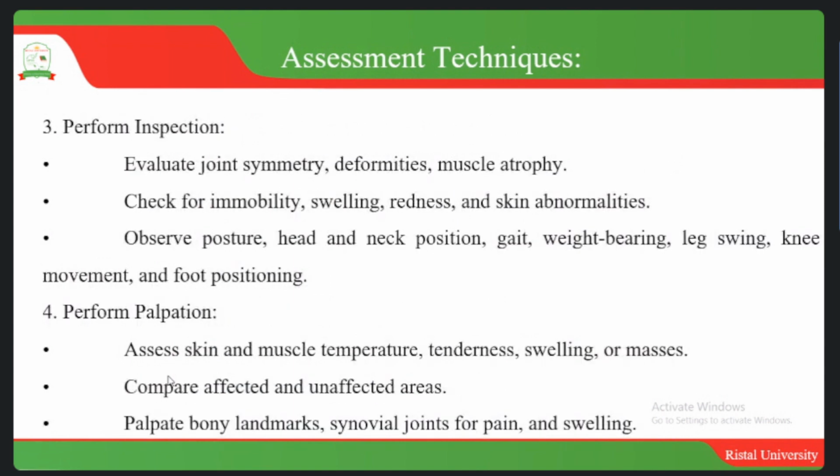On inspection, you have to observe, and when observing, you're able to identify any abnormalities the patient is presenting with in relation to the musculoskeletal system. When you palpate, you're also able to identify some of the signs and symptoms the patient may present with. And as you're palpating, be sure of what you are looking for.